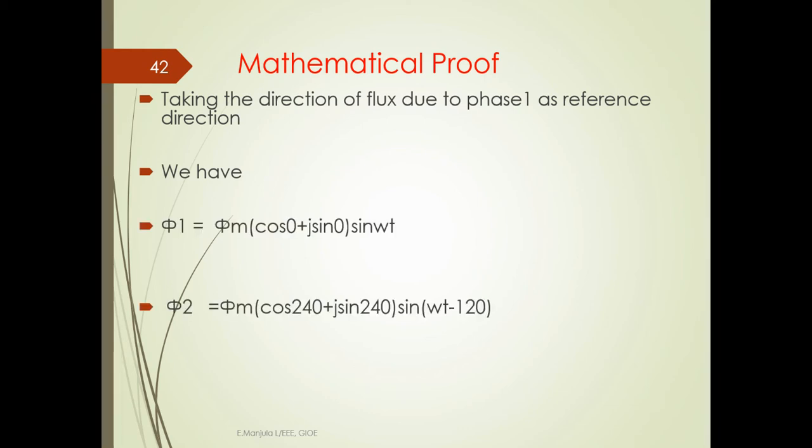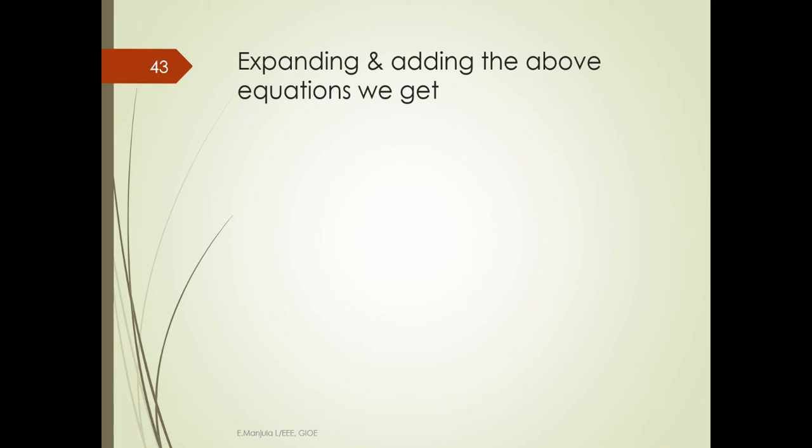So, the mathematical proof. Taking the direction of flux due to phase 1 as the reference direction, we have pi 1 is equal to pi maximum cos theta, that is 0. Okay, cos 0 plus sin 0, sin of omega t. Then pi 2 is equal to pi maximum cos 240 plus sin 240, sin of omega t minus 120, and pi 3 is equal to pi maximum cos 120 plus sin 120, sin of omega t minus 120.